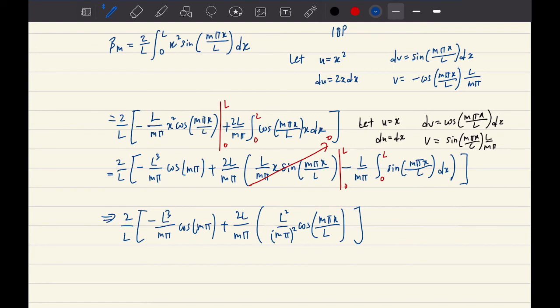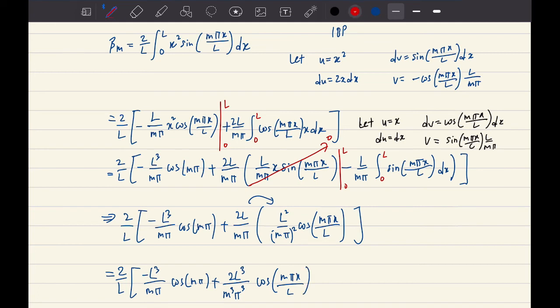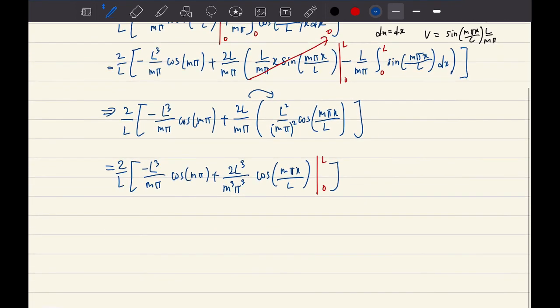Okay, a little bit more simplification. We have m pi cos of m pi plus cos of m pi x on L, and we're evaluating from 0 to L. We are almost done, and I've said that a million times already, but we just need to reduce this.